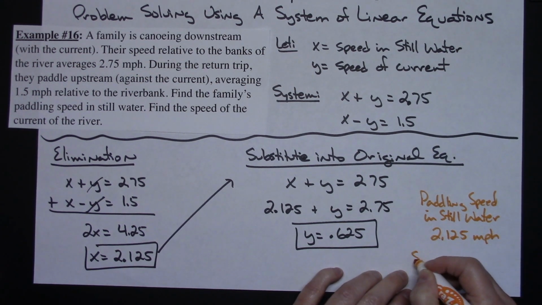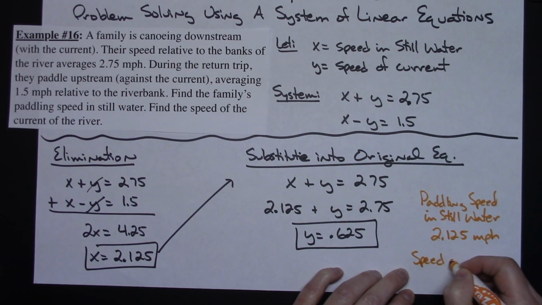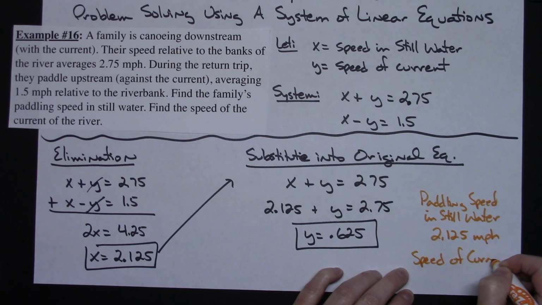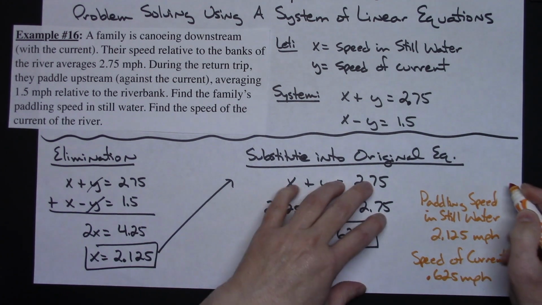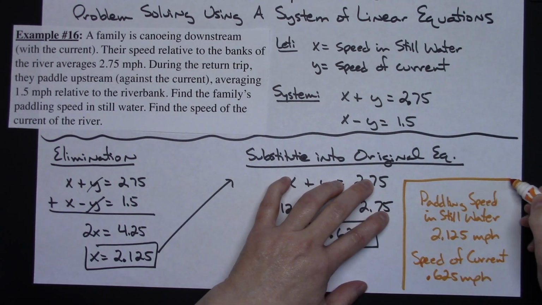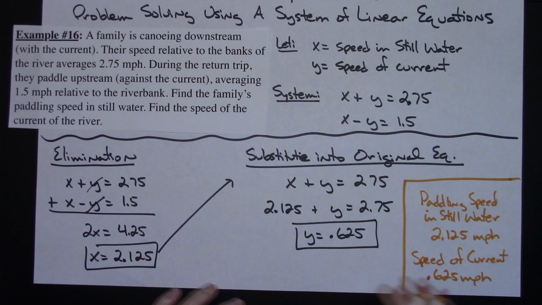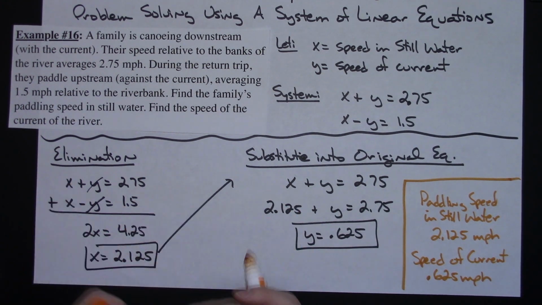And then speed of current is 0.625 miles per hour. And after solving one of these, I always pull out all of the information away from the work and write it in a summary box so that you can clearly say that, oh hey, you've answered this question and have all the pieces that you need.